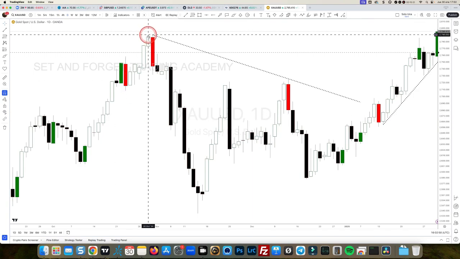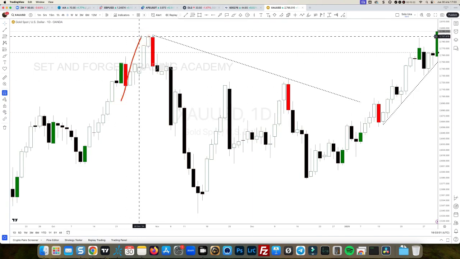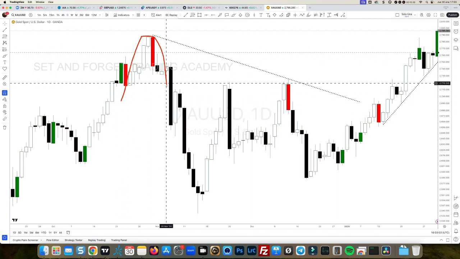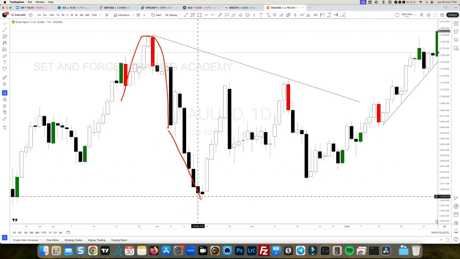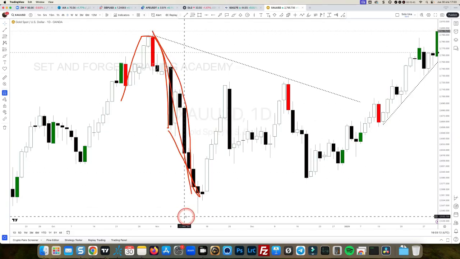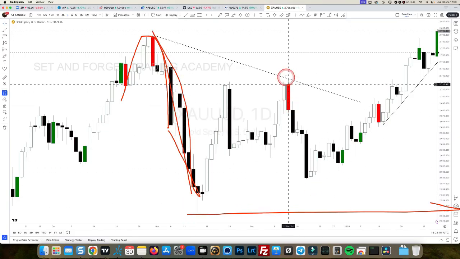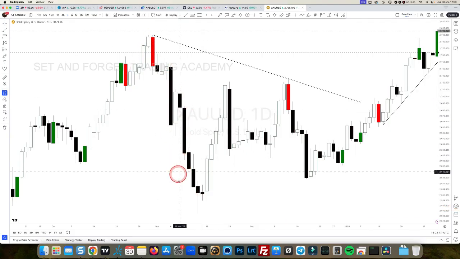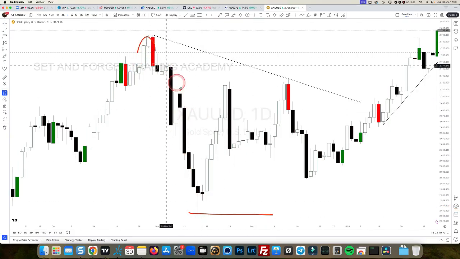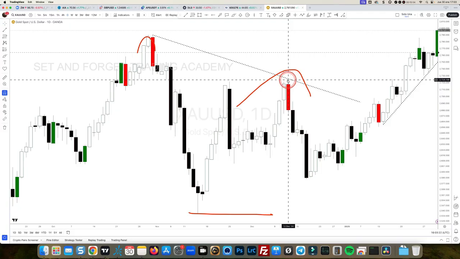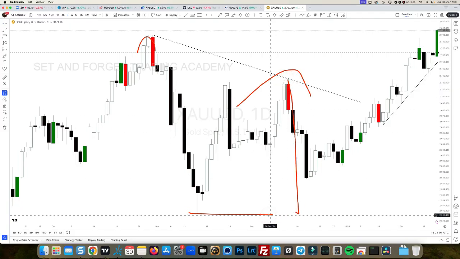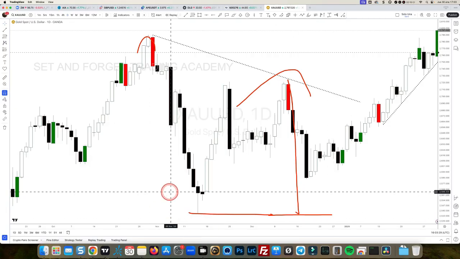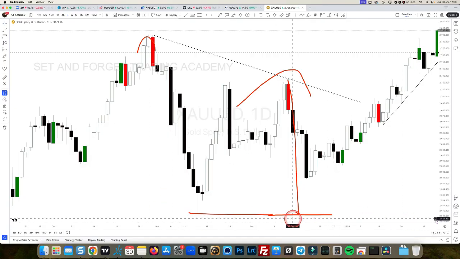Why? Because this is a rally and a drop, and all these over here, these leg out prints this low. So for this trend line to be correct, this second peak needs to go below this low at 2,500, and it didn't happen.